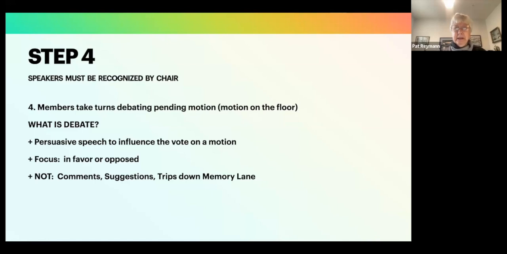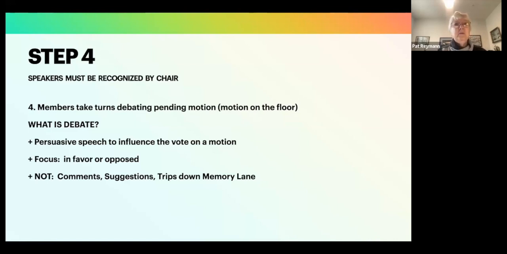This is not the time for comments. I've been at meetings, and you maybe have too, where there's a motion on the floor and somebody wants to make a comment. If it's not debate, if it's not persuasive speech to influence the vote on the motion, it really should not be there. People should not be wasting other people's time with just a comment. Same thing with suggestions.